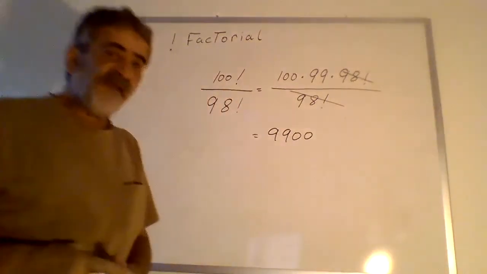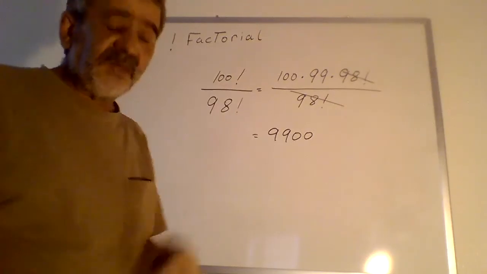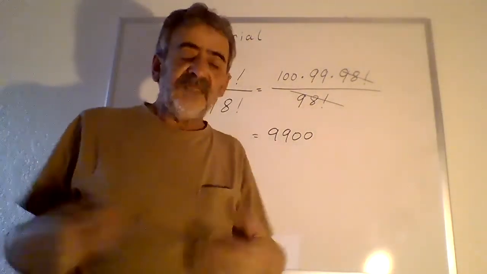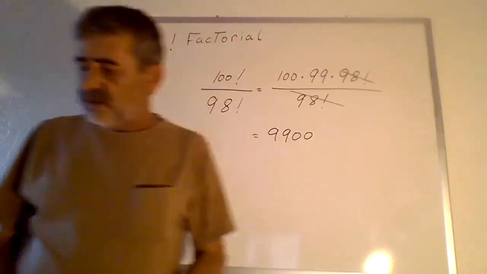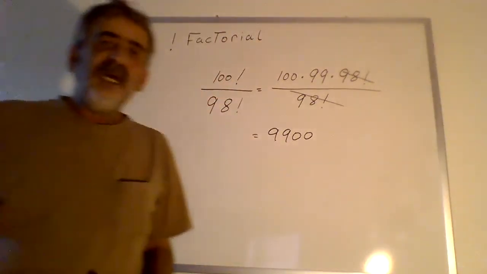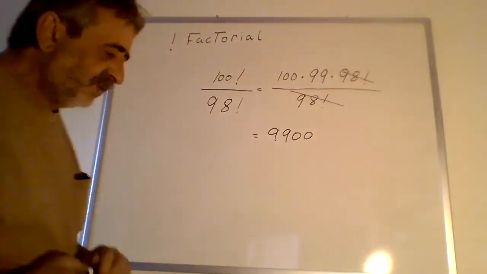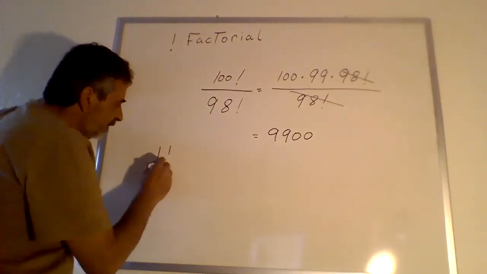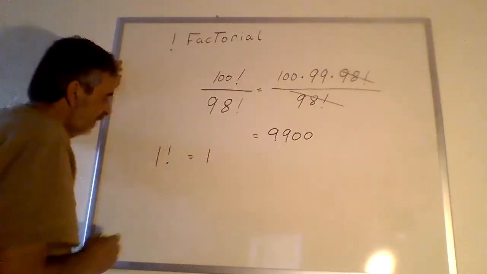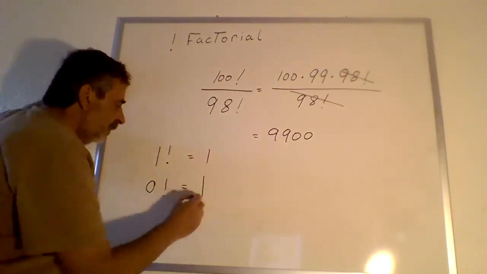Now sometimes we have to use that because sometimes it's not easy to write 100 factorial on the calculator. It probably doesn't have enough spaces to give you that number. So this way you have to use these particular symbols. Now, two definitions about factorial: 1 factorial equals 1, and 0 factorial equals 1.